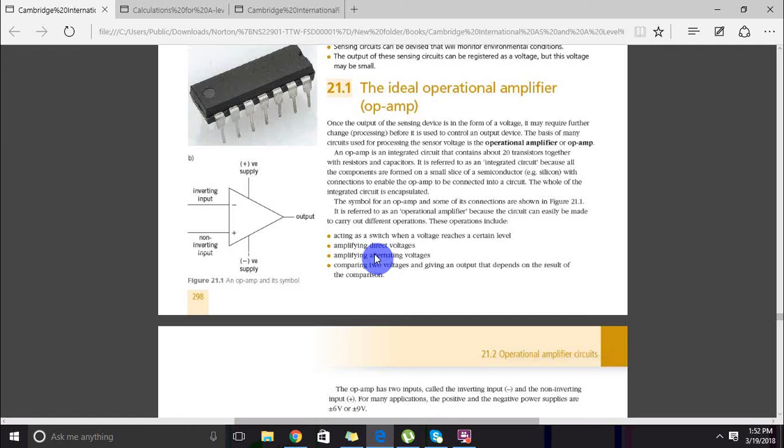That's important. And when an op amp is being used to do that, it's said to be part of a comparative circuit, and we're going to study this one in detail, because it is really important.